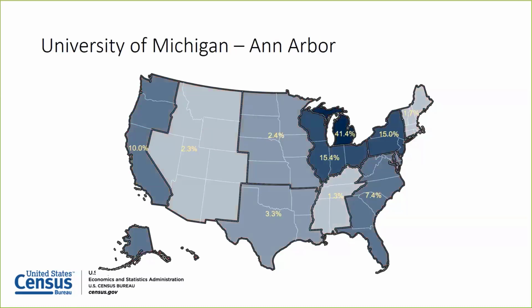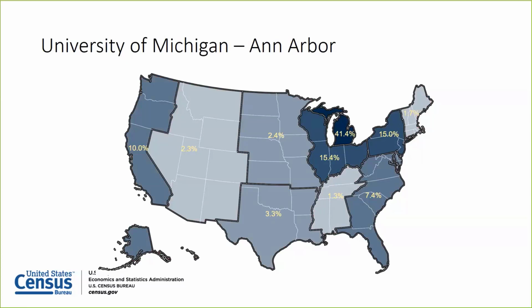And then the final flagship that we look at is the University of Michigan, Ann Arbor, which is a much more national school. So bachelor's recipients that receive their degree from Michigan and Ann Arbor, only 41% of them stay in the state of Michigan.